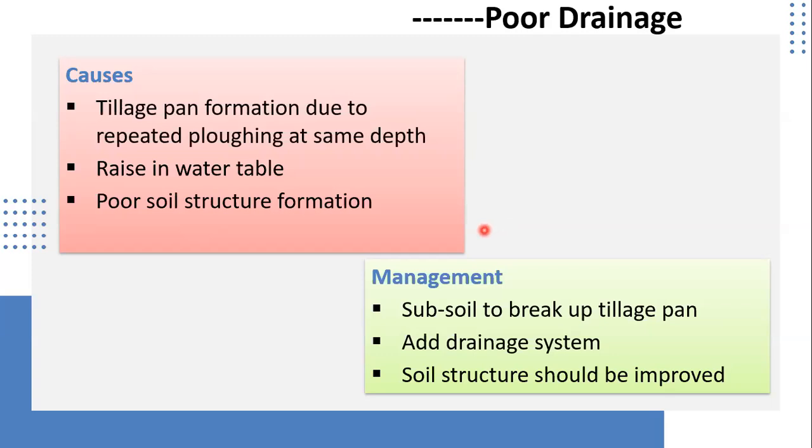You may have seen a lot of drains around Faisalabad because there were severe waterlogged conditions, and before that, that was a very fertile part of the Punjab, and it was a great loss to agriculture production. So then, under one project, the drainage system was added, and the water was drained from this area and down into the rivers. Soil structure should be improved, so that can help.